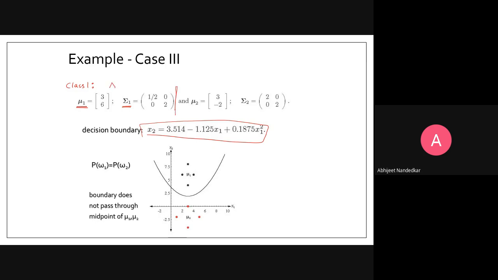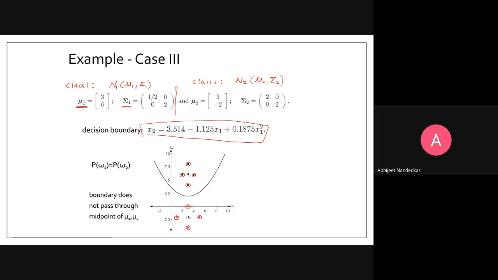So it is assumed that N1 is a normal distribution with this mu1 and sigma 1. Then we have data of class 2, and we assume that this is again normally distributed with mu2 and sigma 2. Now if you see the actual data, there are 4 samples belonging to class 1 and 4 samples belonging to class 2.